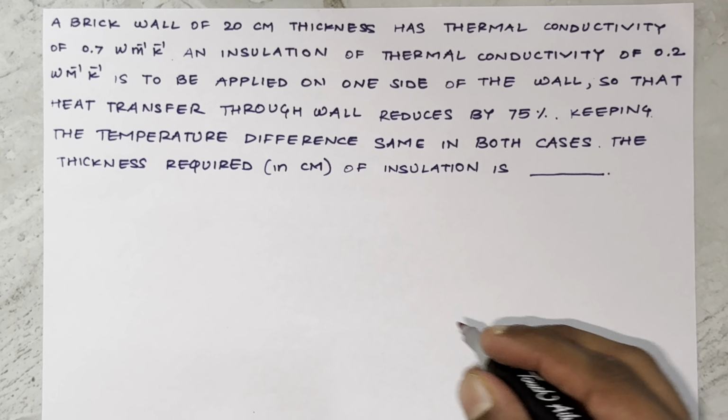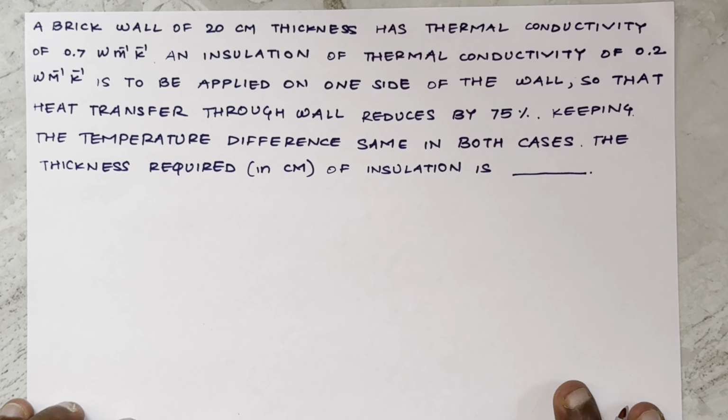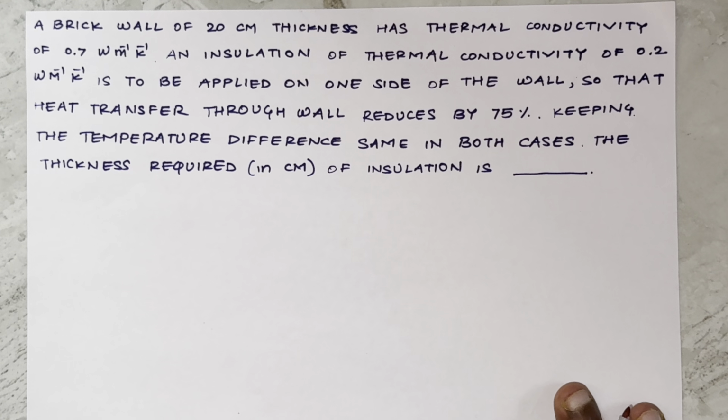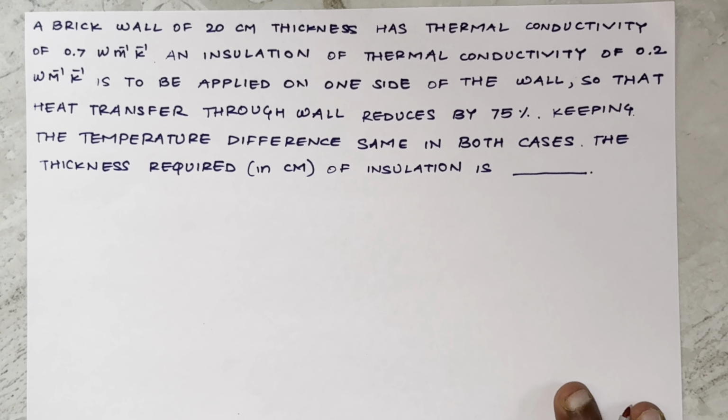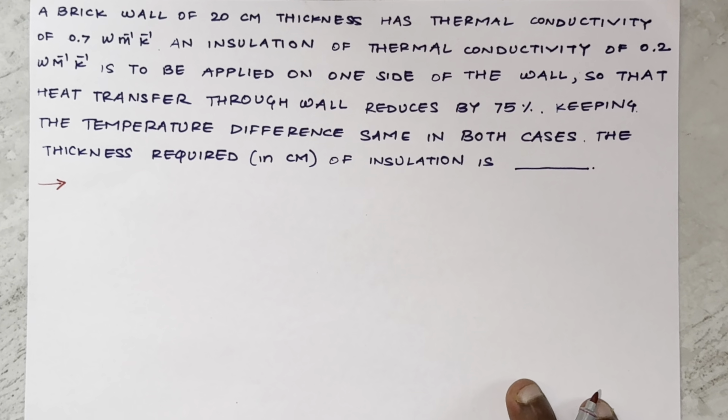The question says a brick wall of 20 centimeter thickness has thermal conductivity 0.7 watt per meter Kelvin. Whatever the question is saying, we will do correspondingly. So here we have a wall.